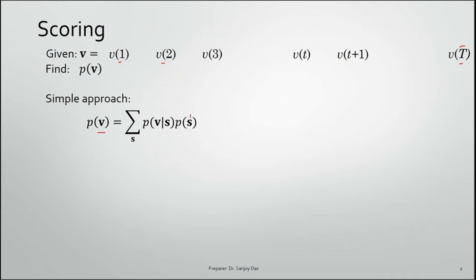So for every possible state sequence S of length T, we find P of S, and we find P of V given S, and this summation over all sequences will give us P of V. So for each possible state sequence S, we need to find the probability of occurrence of that state sequence and the probability of generating the given output sequence V from that state sequence. This is the problem of scoring.